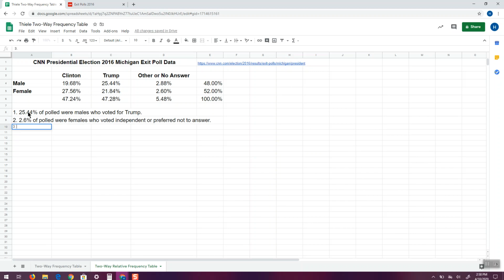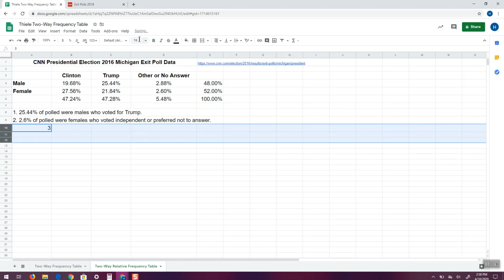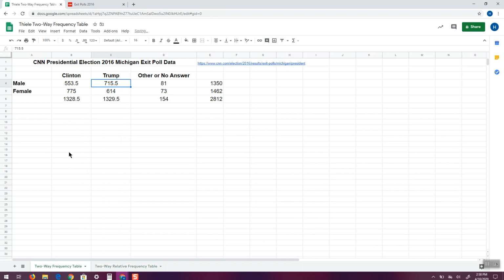You could also look at other data. You could look at data that's more marginal or conditional. Well, this might be easier actually. Look at the frequency table.